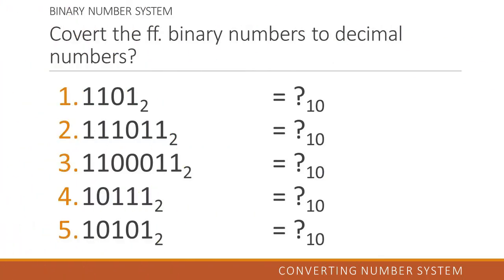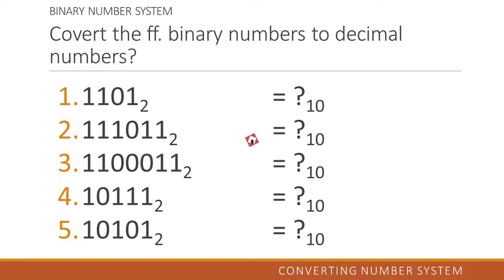Convert the following binary numbers to decimal number system. I'm going to give you maybe 5 minutes. Is that good? No? Okay, I'll give you maybe 6 minutes. Your turn is on. See you soon.